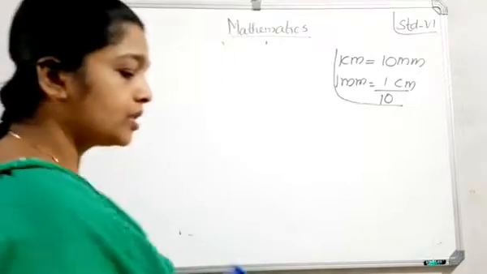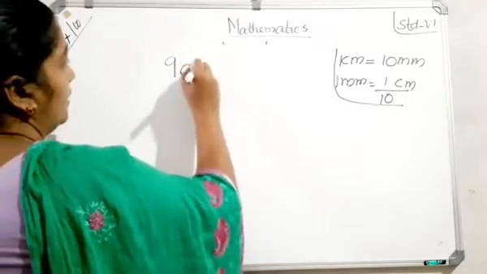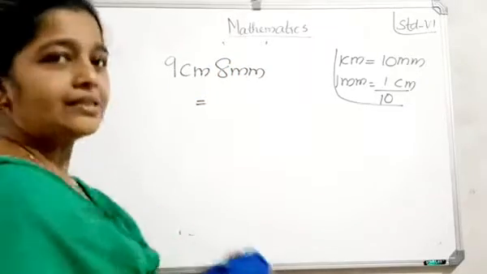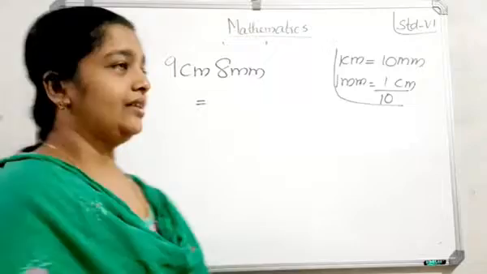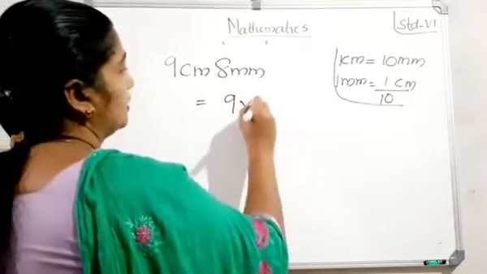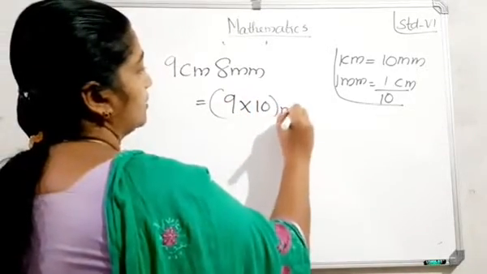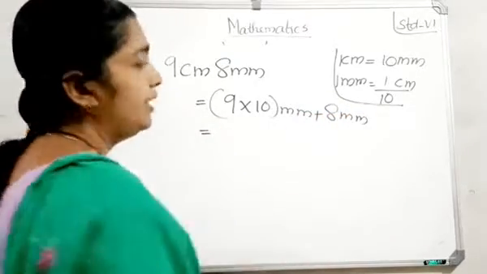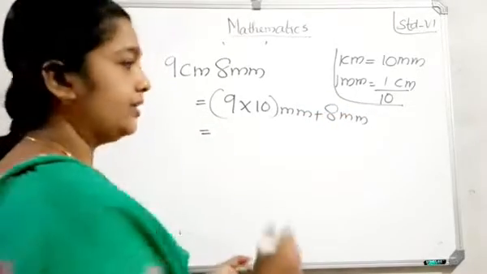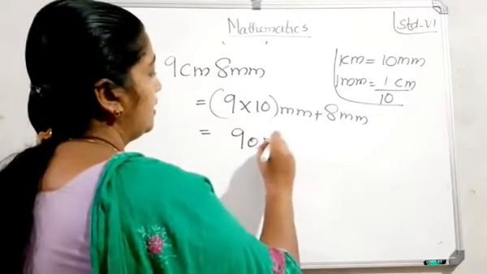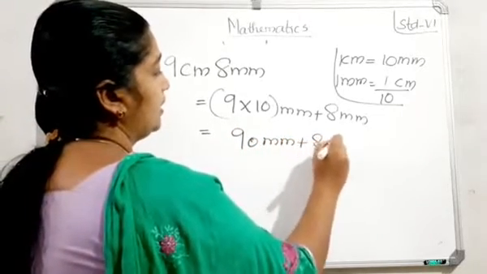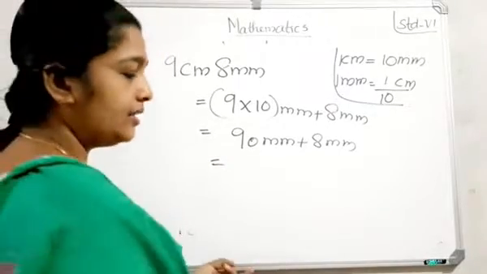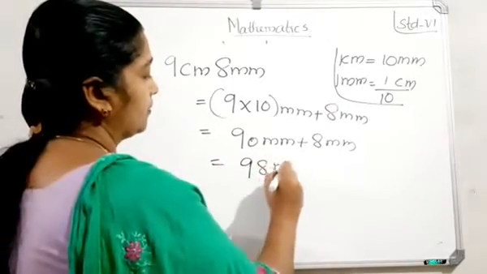One more question: 9 centimeter 8 millimeter. All of you listen. Say the first step: 9 into 10 millimeter plus 8 millimeter. 9 into 10 equals 90 millimeter, plus 8 millimeter equals 98 millimeter.